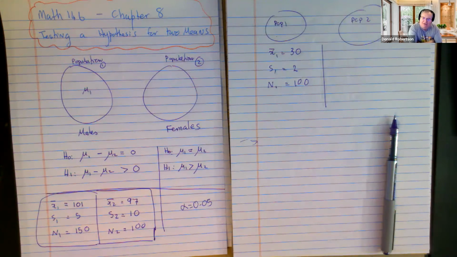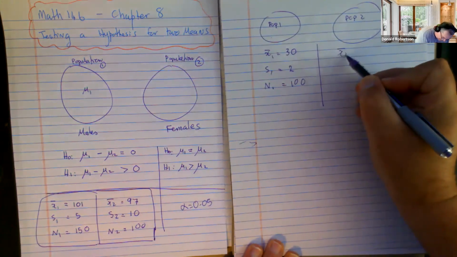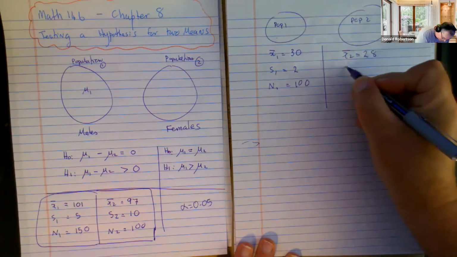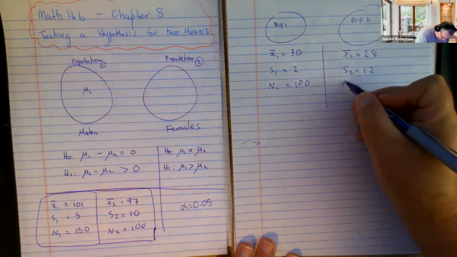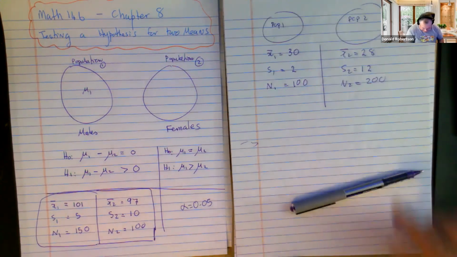And there is another population of ducks living in England that are closely related to them called the English duck. And the English duck weighs on average 28 pounds. The standard deviation is 12, and this came from a sample of 200 ducks.